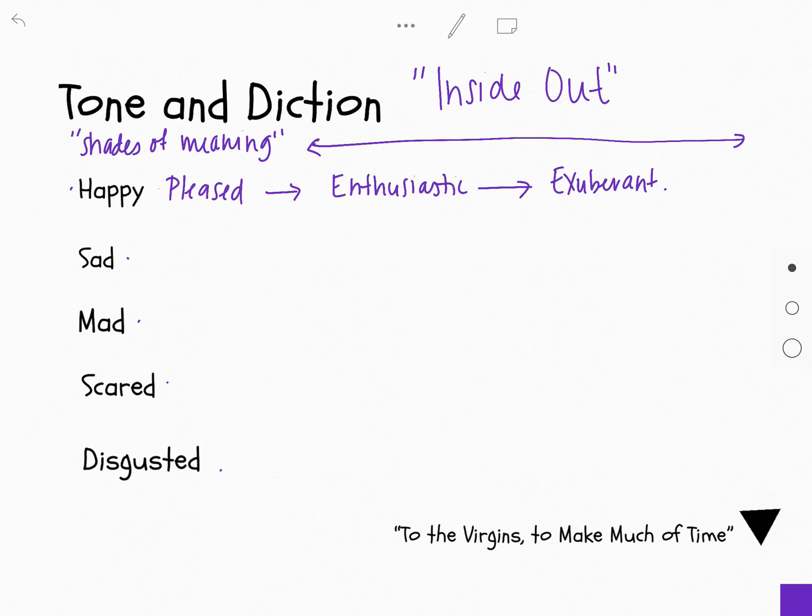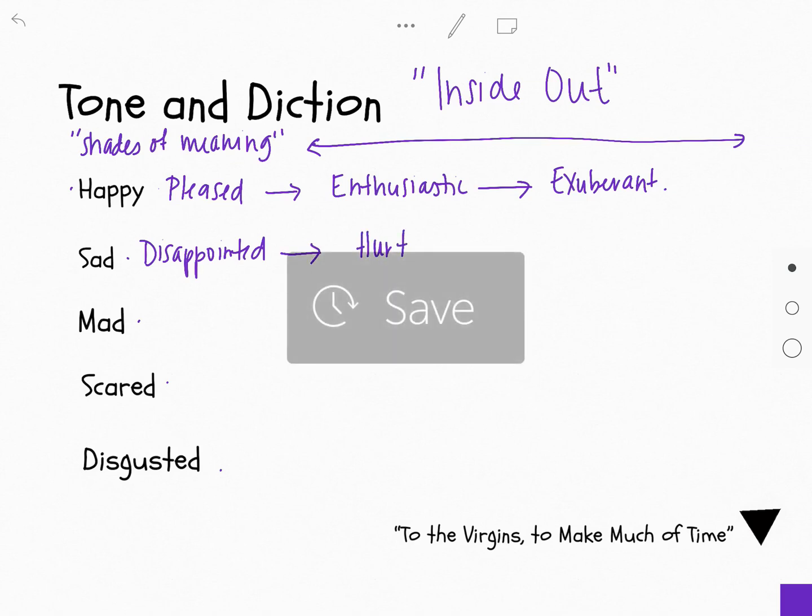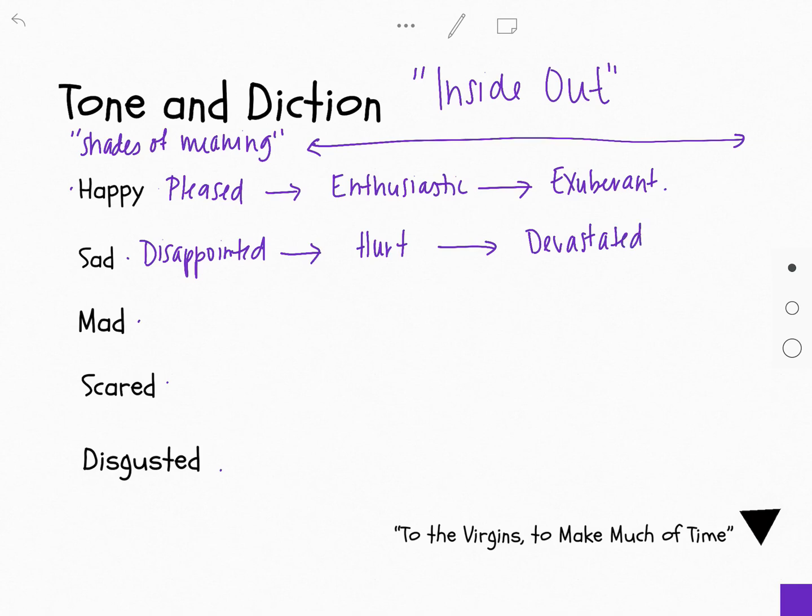Another example with sadness would be you'd start disappointed, right? It's sadness, but it's not devastating. And then you could say the tone is hurt, all the way up to, like I said, devastated.